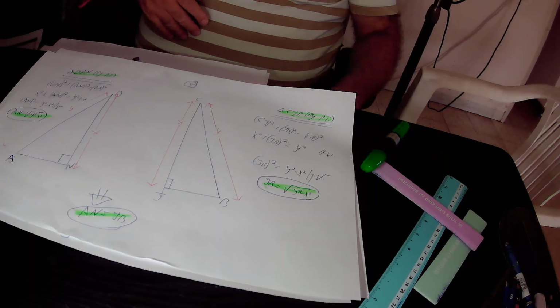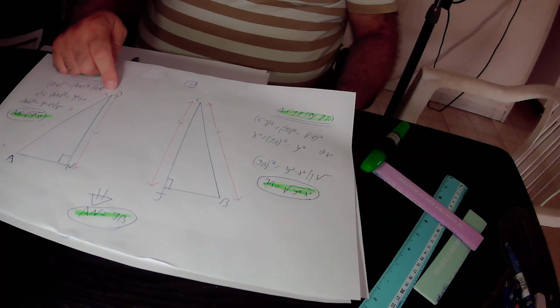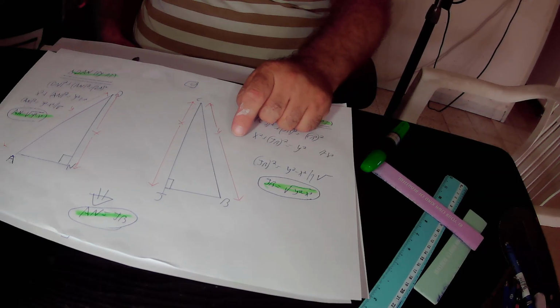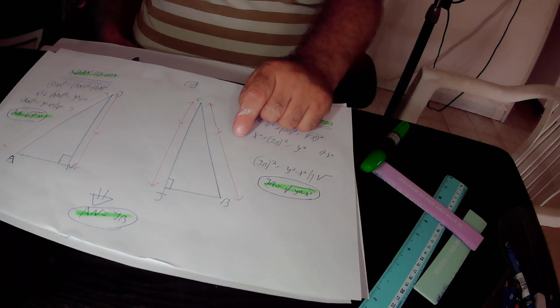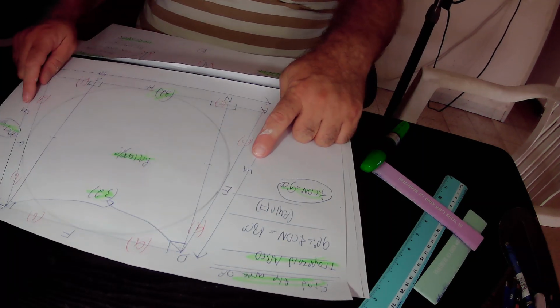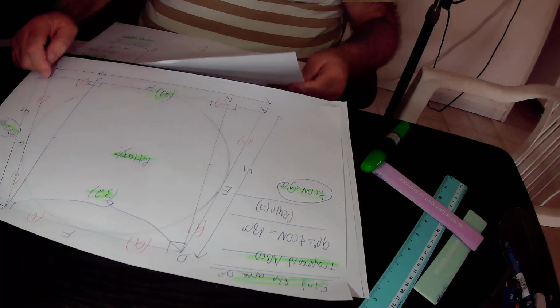We defined the length of the hypotenuse DA as y. In this right triangle DNA, therefore the length of the hypotenuse CB in triangle CJB must also be equal to y because they are equal to each other. Both of them are equal to 41, therefore they are equal to each other.